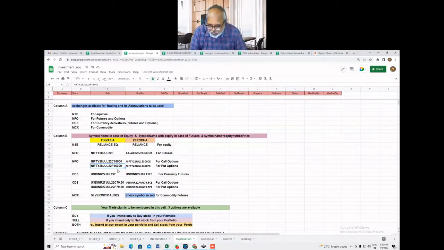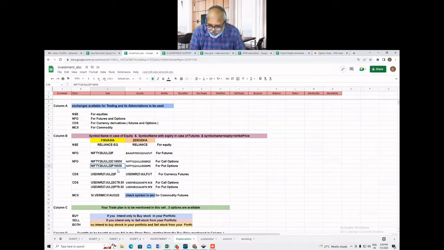In case of currency, in Finvasia, you have to write USD INR 27 July 22 F. Whereas if you're trading in Zerodha, you have to write the symbol as USD INR 27 July FUT. Similarly, in currency options, in Finvasia, you have to write USD INR, the expiry date in day, month, and year format.